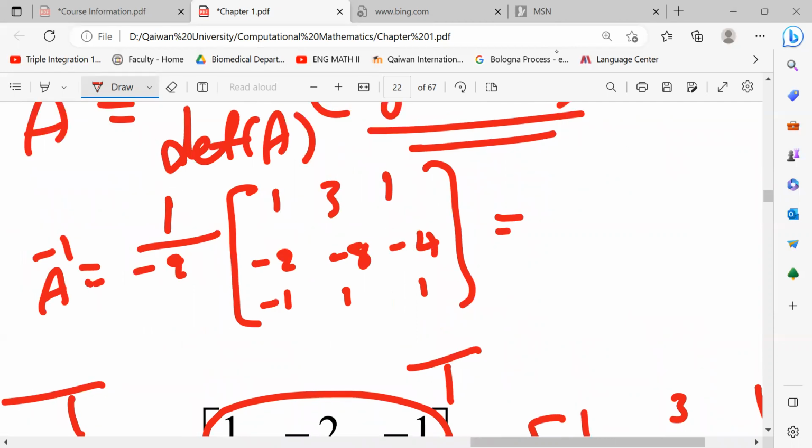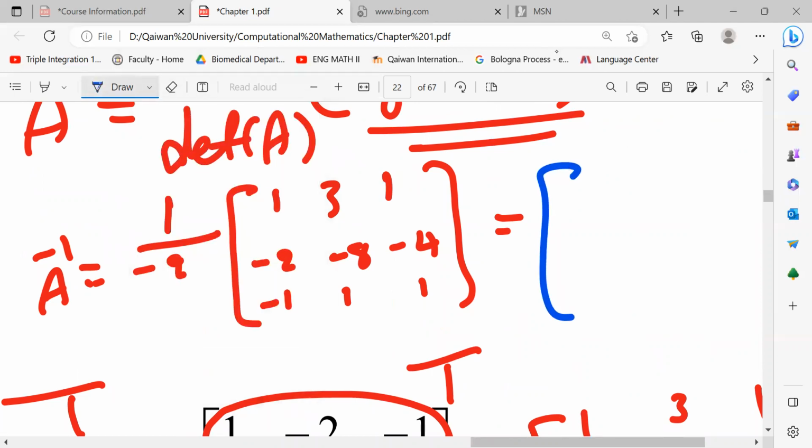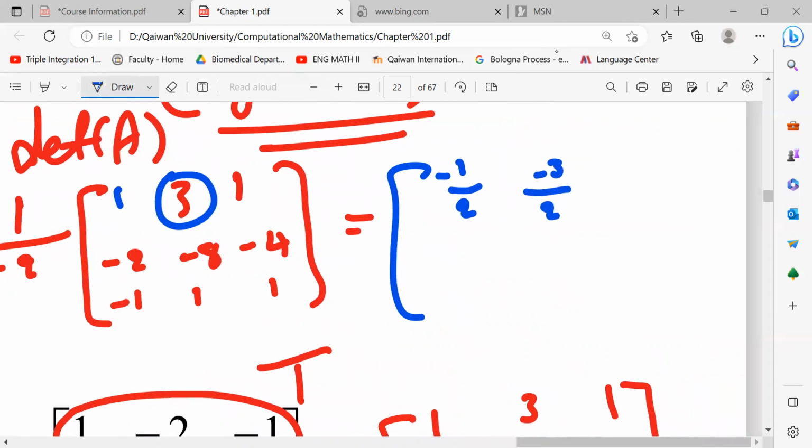So the first element becomes -1/2. And this element is -3/2. And this one is -1/2 because we divided by -2.